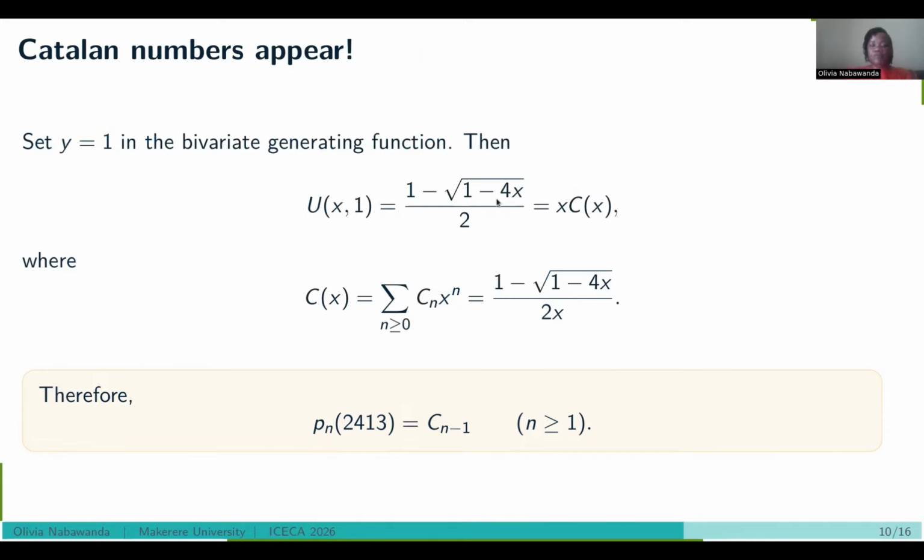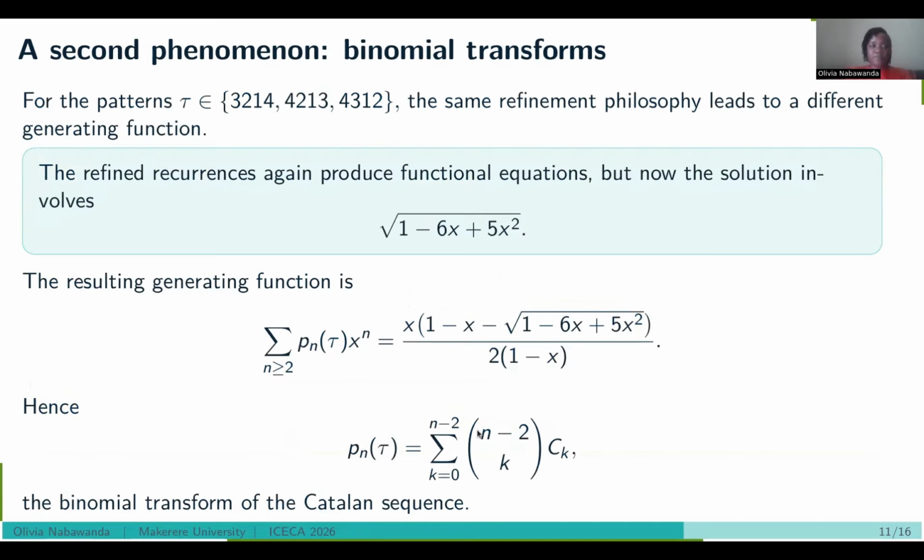And so from this expression, we realize that C(x) therefore satisfies this expression, and extracting out the coefficients gives us our 2413-avoiding flattened partitions, satisfying the expression C_{n-1} for n greater or equal to 1.